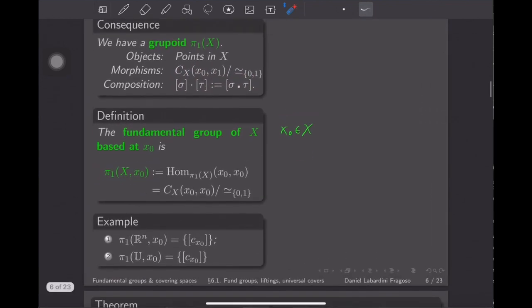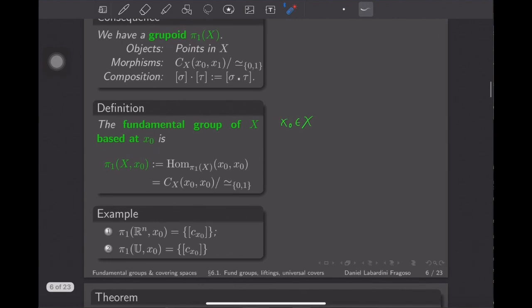And then a couple of examples, which are not hard. The fundamental group of Rn based at any point is the group with one element. The fundamental group of the upper half plane based at any point in the upper half plane is again the group with exactly one element.